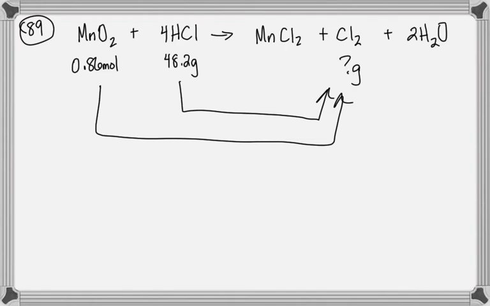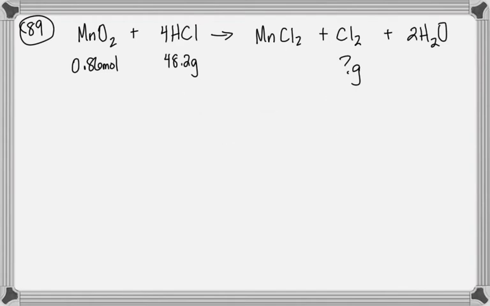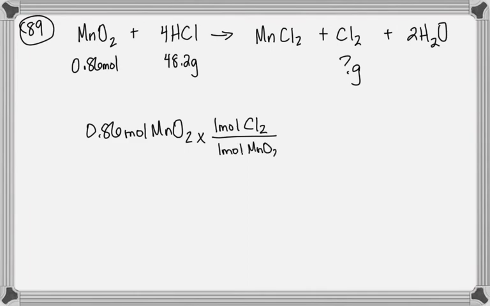Okay, so I'm going to start with the MnO2. I'm going to say I've got 0.86 moles of MnO2. Okay, and the balanced equation tells me that I'll make a mole of chlorine for every mole of MnO2.